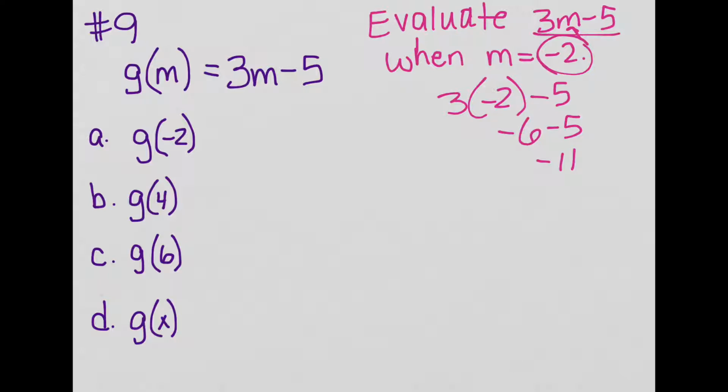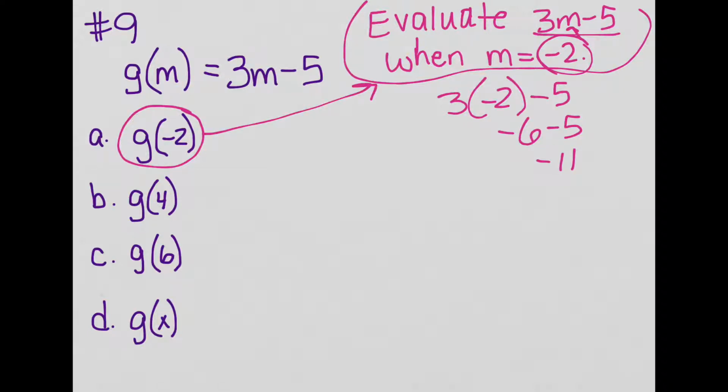All of this stuff that I just said can be written in shorthand using function notation, and this is what it looks like. Right there, that tiny little thing where it says g of negative 2 is a faster way of saying all this stuff. Evaluate this expression, 3m minus 5, when m, see how there used to be an m there and now there's a negative 2.